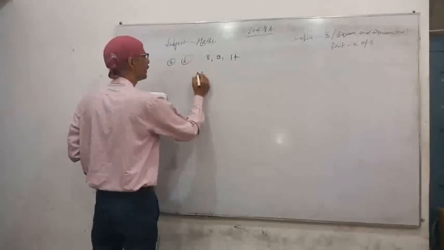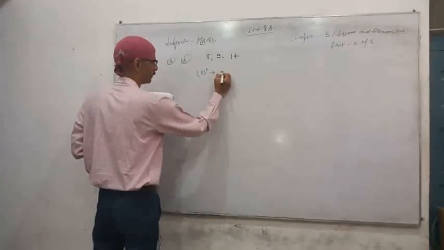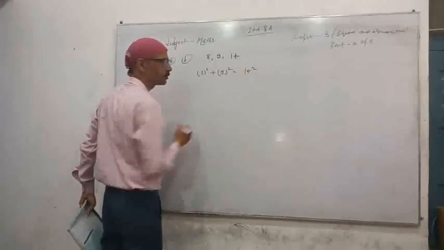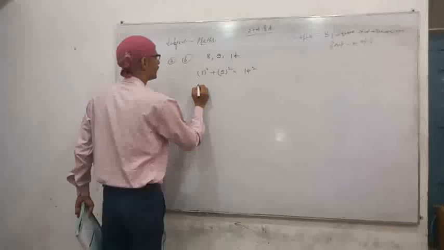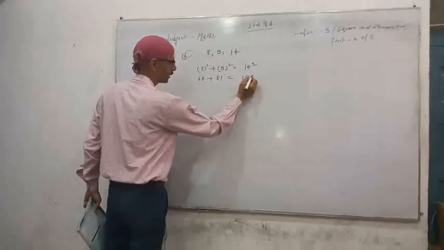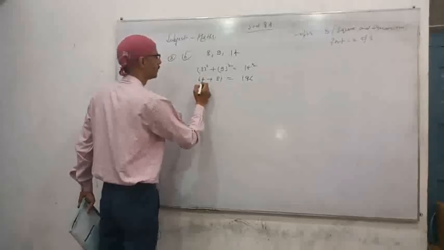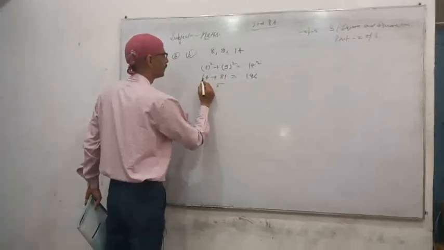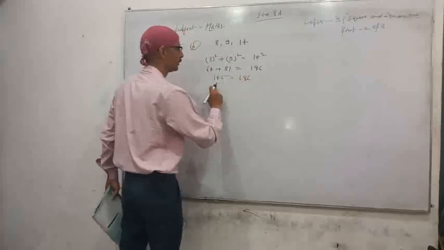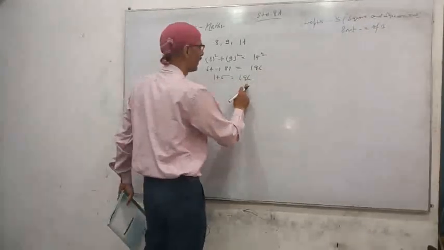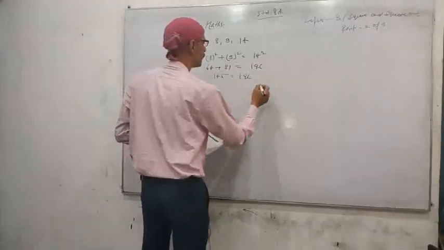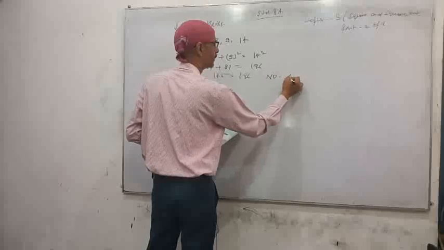So 8 square plus 9 square should equal 14 square. 8 8s are 64, 9 9s are 81, and 14 square is 196. Add it, 145 is not equal to 196. This is not equal, so this is not a Pythagorean triplet. No is the answer.